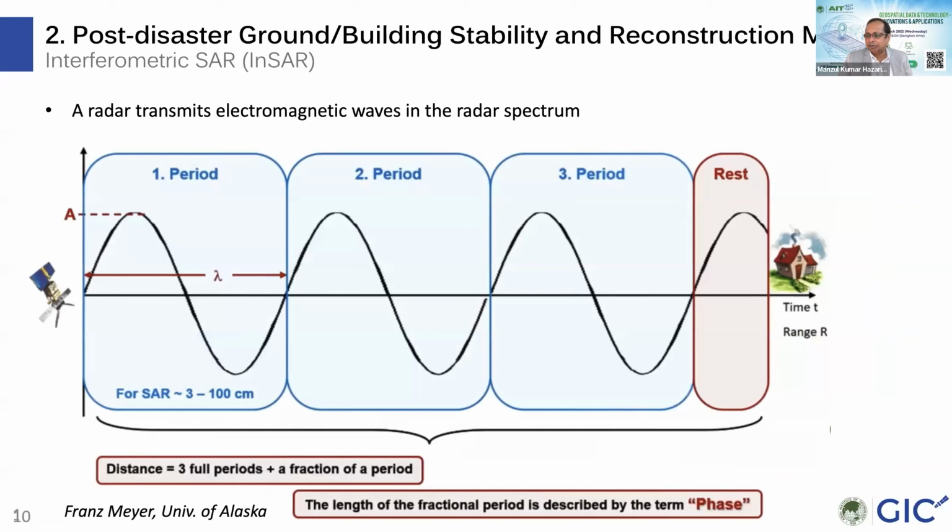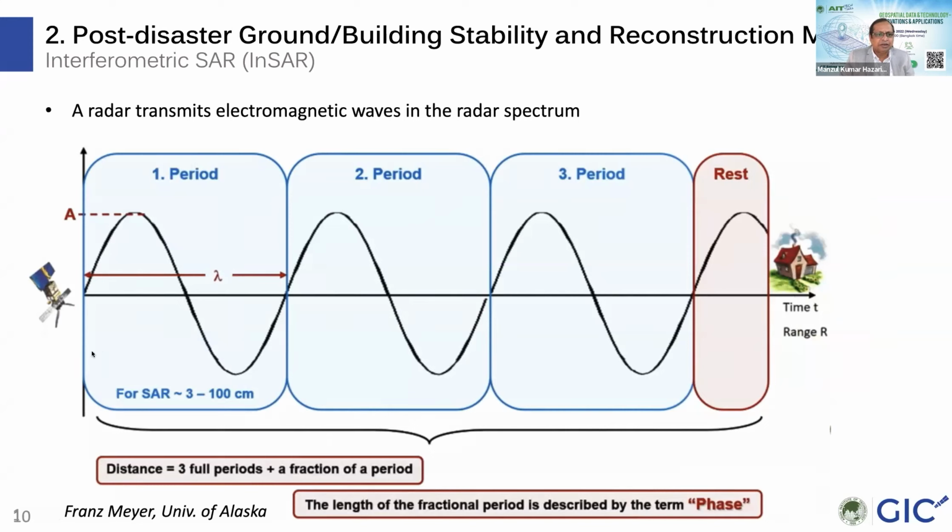In part 2, I'm going to talk about post-disaster ground stability or reconstruction monitoring. This is SAR, synthetic aperture radar, and SAR interferometry, as it is known. This is the technology which can be used to see any changes in the ground.